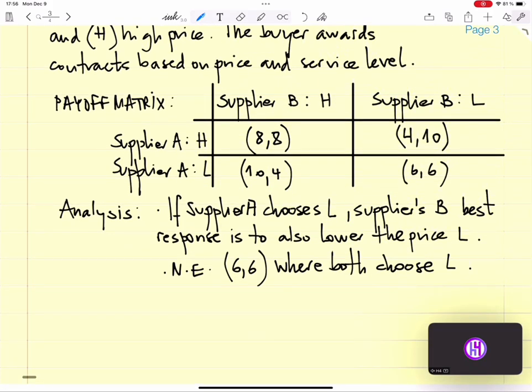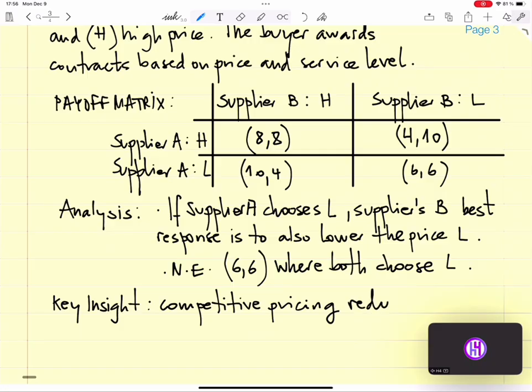So what is the key insight? This is another version of the prisoner's dilemma. What is the key insight? Competitive pricing reduces profit for both suppliers. Okay. So the strategy is differentiation.